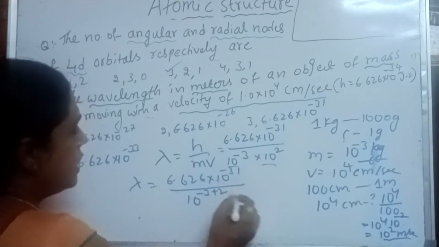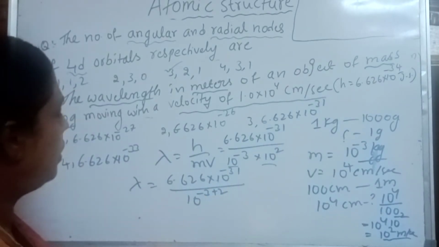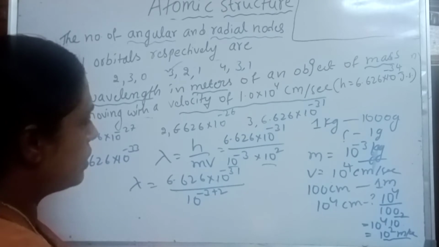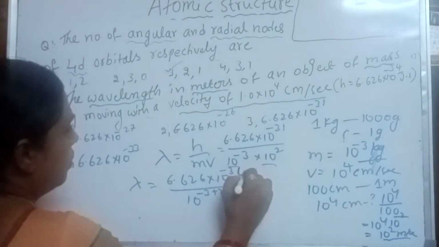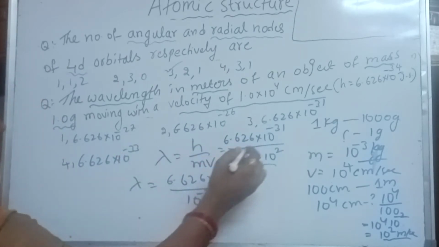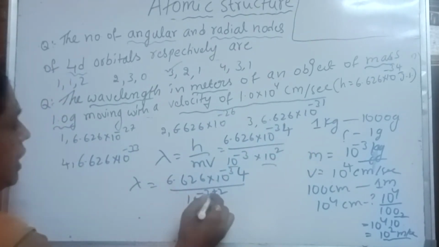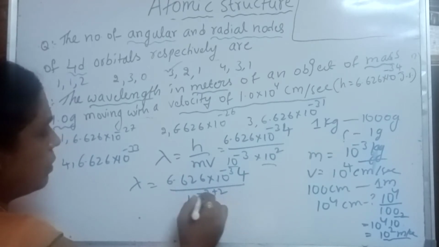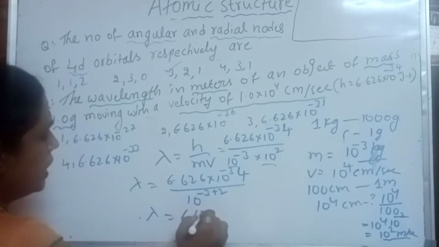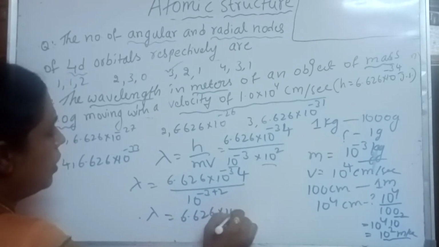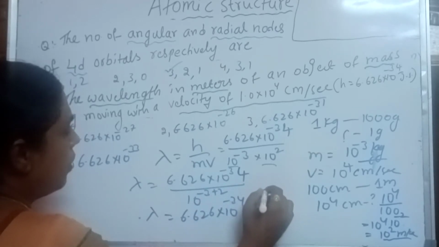So we get 6.626 into 10 to the power of minus 34 into 10 to the power of 1.